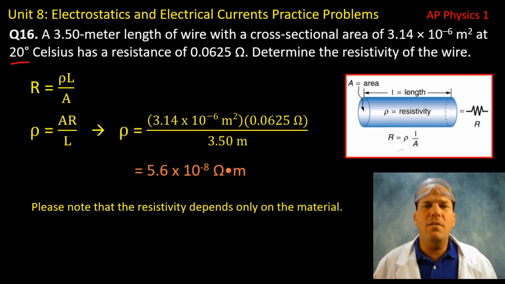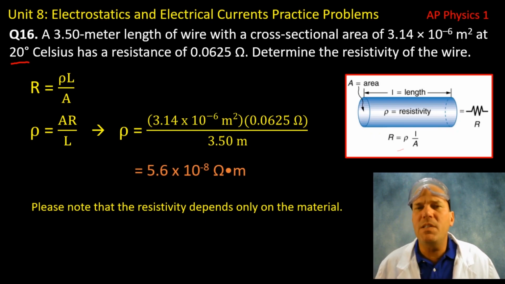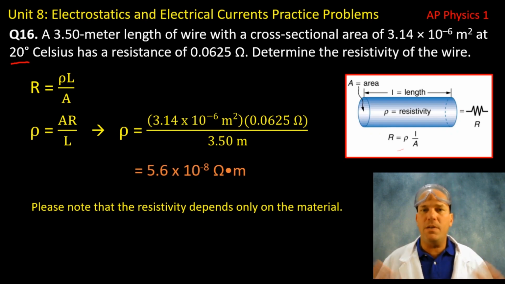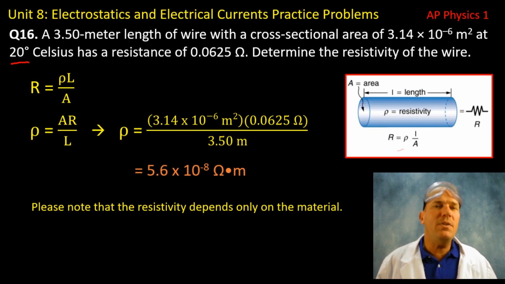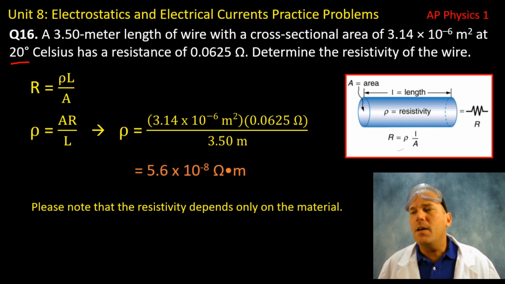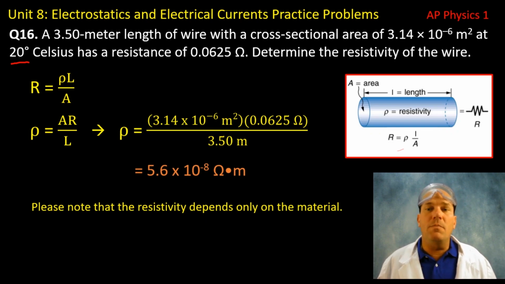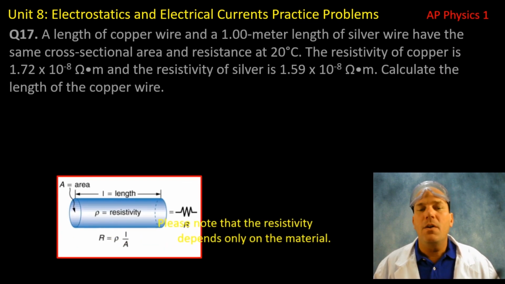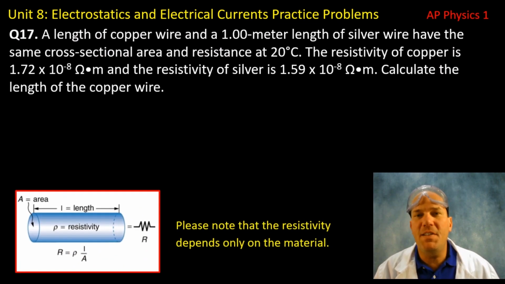So many of our values for resistivity and resistance are calculated either at 20 degrees Celsius or 25 degrees Celsius. So there is a dependence on temperature. So a lot of the textbook values for resistivity, for example, are for a definite temperature, either 20 or 25 degrees Celsius.